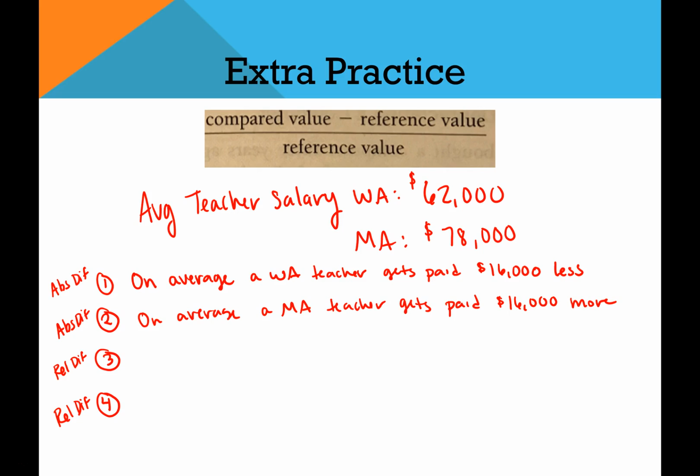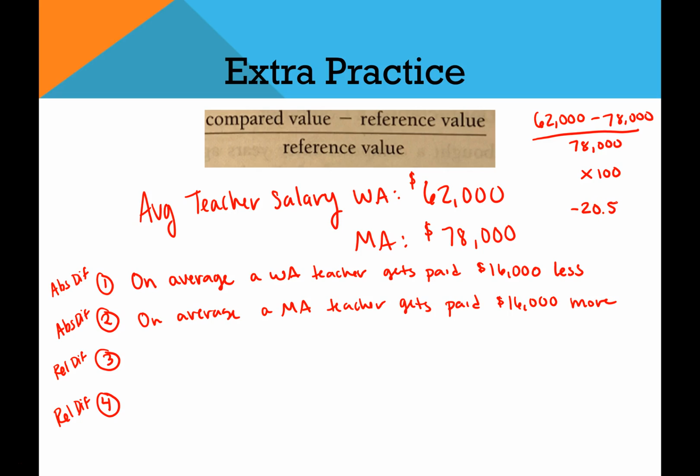Okay, now I want to go ahead and do two relative difference formulas. So I'm going to do my first one, which is 62,000 minus 78,000 divided by 78,000. Get my answer and then multiply by 100. So just give me a second to do that. I get a negative 20.5.